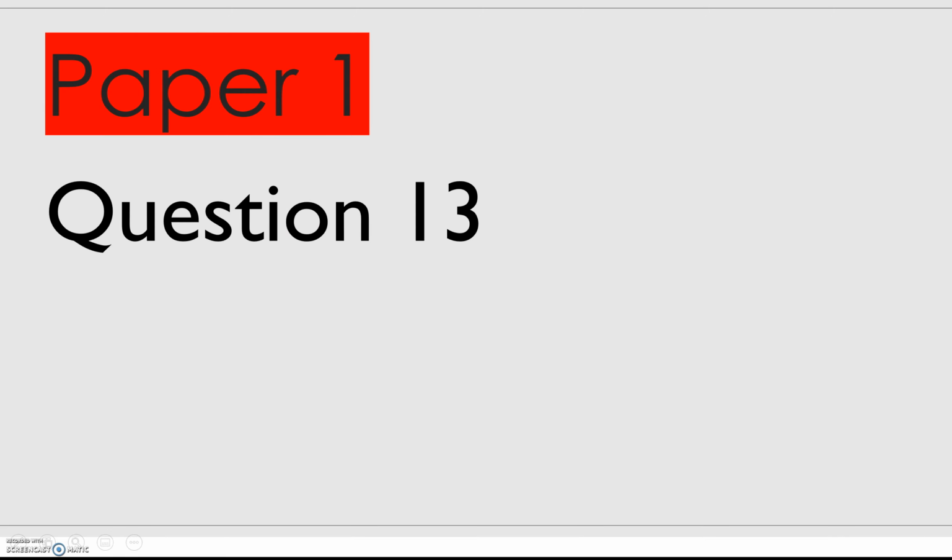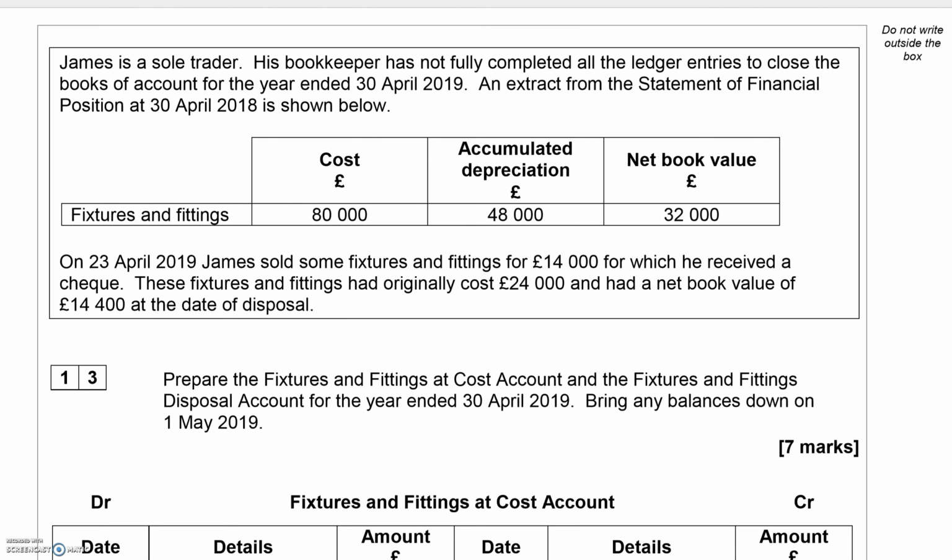So in this video I'm going to go through question 13 on this paper 1. Here I've brought up the question where James is a sole trader and you've got an extract from the statement of financial position. If you look at the dates, that's the start of the year and that is the end of the year.